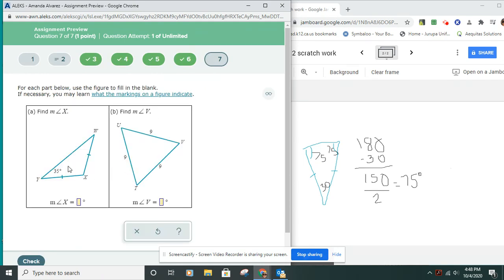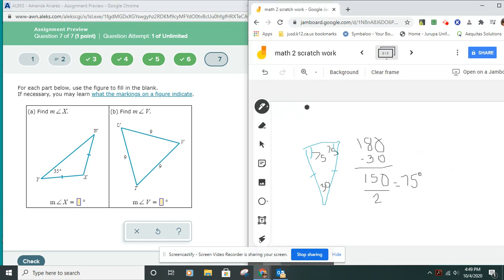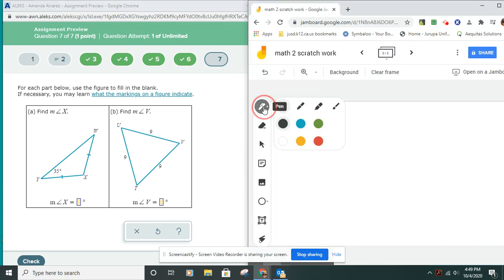Okay, so just like the other ones, I have one that's isosceles, one that's equiangular or equilateral. This one has the same sides, so equilateral. All right, so this first one is an isosceles triangle, and at Y and at W, those are the congruent angles, but I need to find X. So I'm going to draw that out for you guys again.